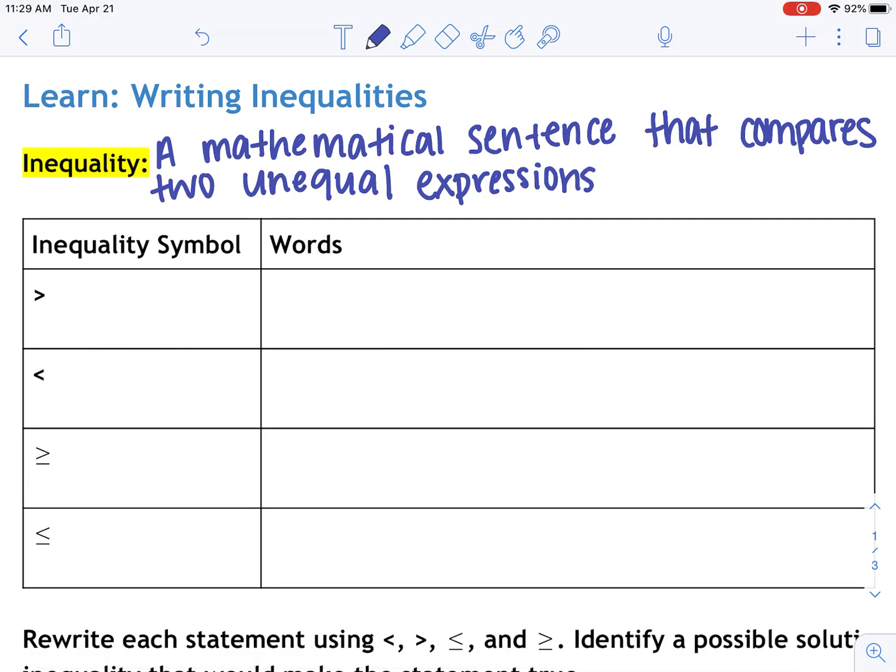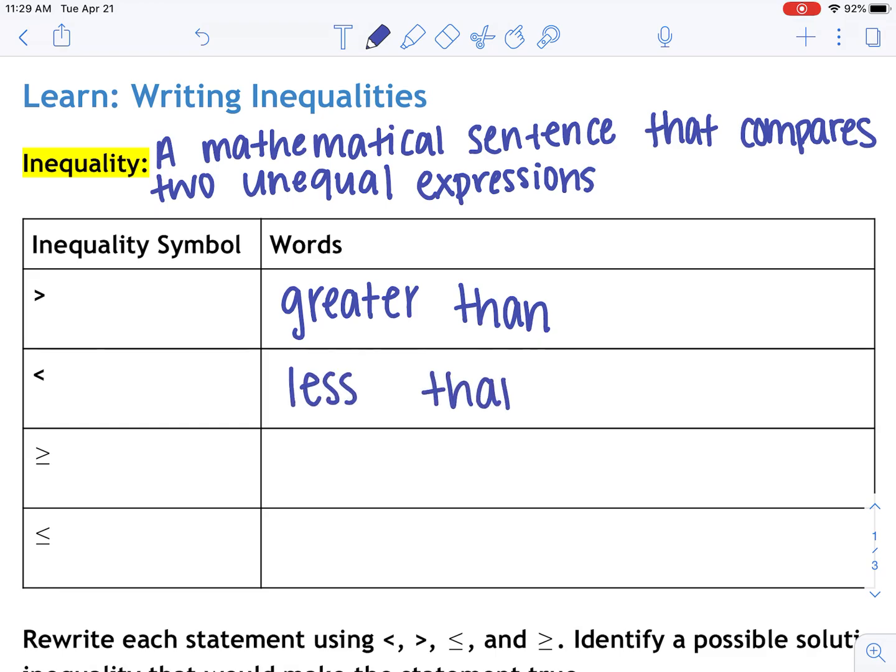So our first symbol is shown to be greater than. So in our chart, we're going to fill out that this says greater than or represents greater than. Okay. The next symbol is our less than symbol, less than. A number is less than the other number or variable given to you.